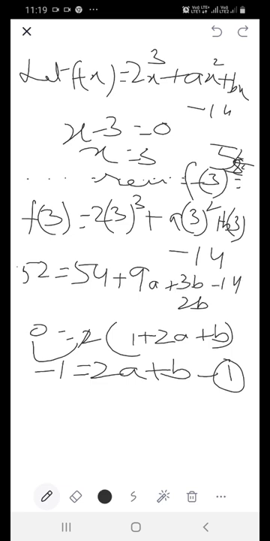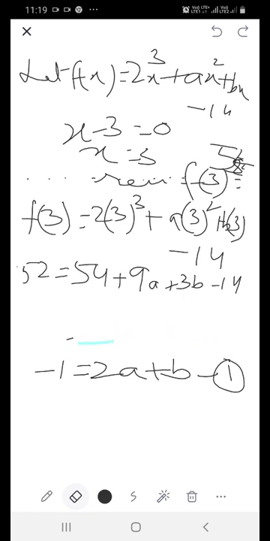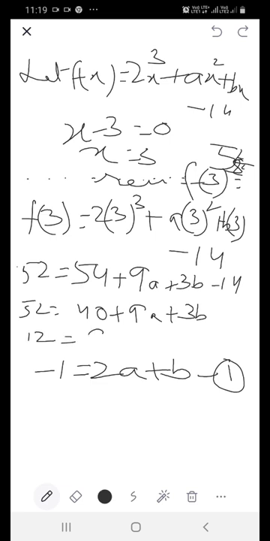Solving, you also can do. Now this comes out to be 52 is equal to 54 minus 14, which is 40, plus 9a plus 3b. Transpose 40 to the left. 52 minus 40 will be 12 is equal to 9a plus 3b.